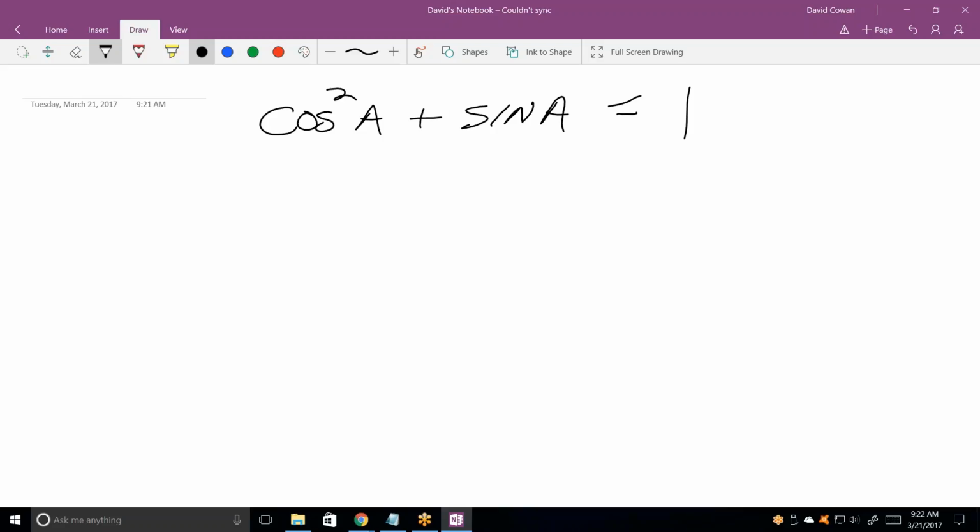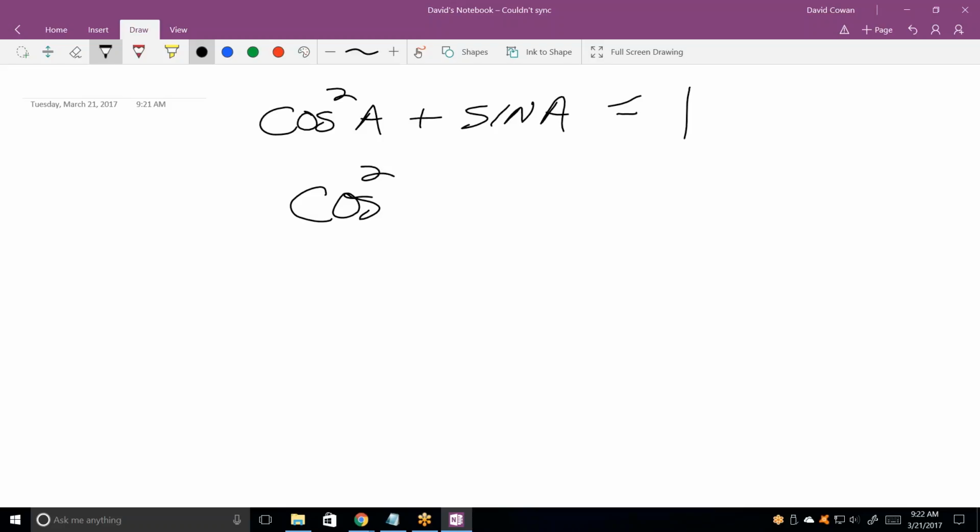What's difficult about solving trig equations is you need everything in the same trig function. So we could convert cos. Cosine squared A plus sine A or sine squared A? No, just sine A. That's a little puzzling. Okay, that's a new one. I get new ones all the time.